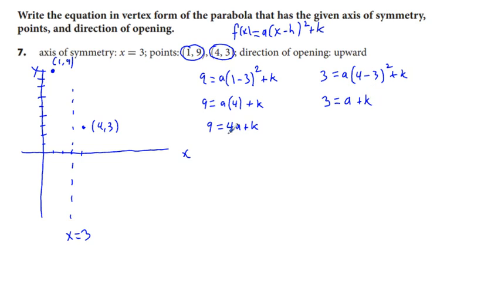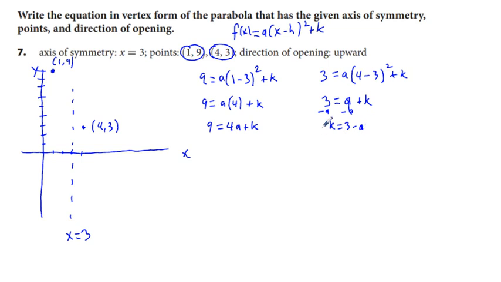And so now between these two equations, we can solve to find out what a and k are. And I think the easiest at this point might be to just replace, we can replace anything. Let's just solve for k first. If we subtract a from each side, k is equal to 3 minus a.